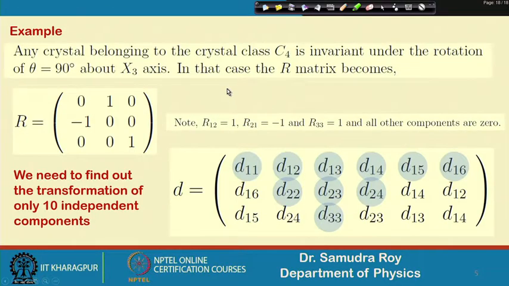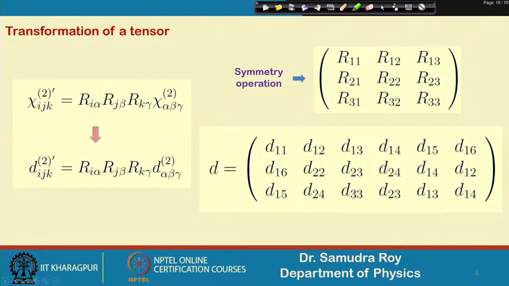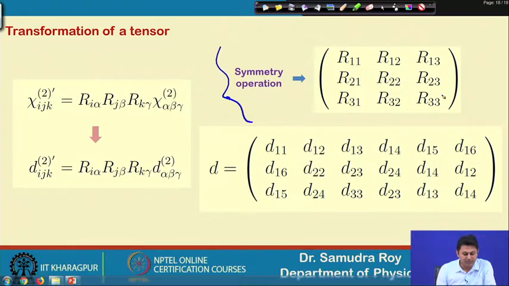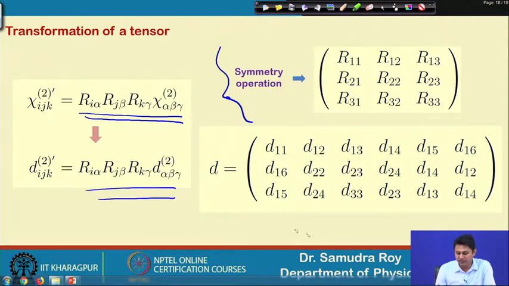That means I use this matrix component to find my new susceptibility components. This operation is symmetric, but the operation rule is again the same. These are the operation rules and this is my total matrix.